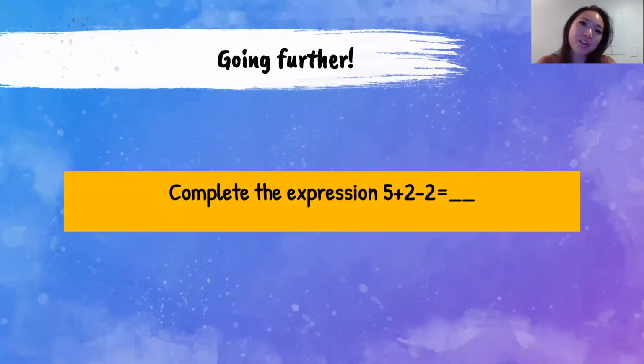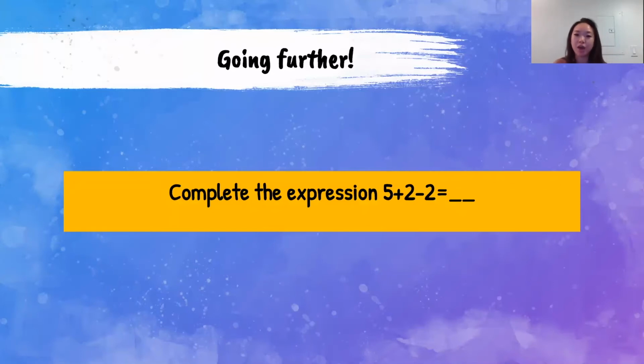Moving further in our Go Further section, we have complete the expression 5 plus 2 minus 2 equals blank. I want you guys to find the answer for this along with creating a diagram on how to find the answer.